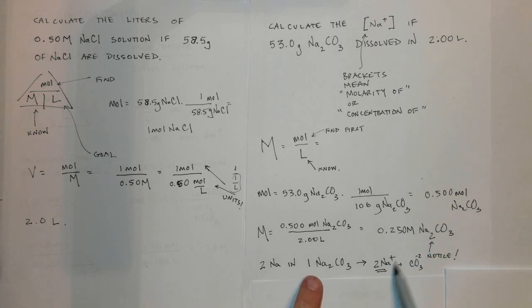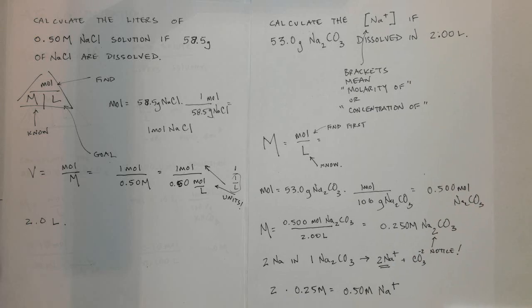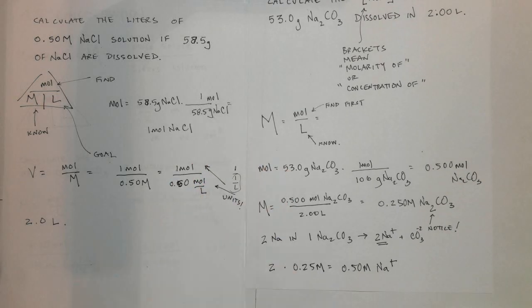So our Na2CO3 breaks up into 2 of these and 1 of these. There's 2 Na's inside of here. So I need to take my molarity and multiply it by 2. So 0.25 times 2 ends up being 0.5 molar in sodium ion.